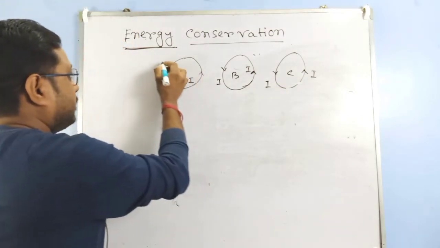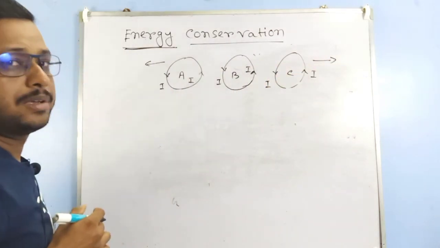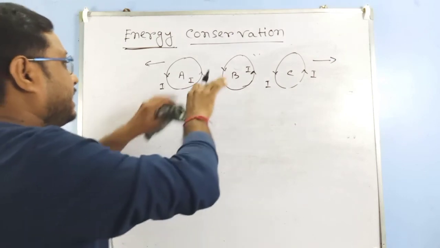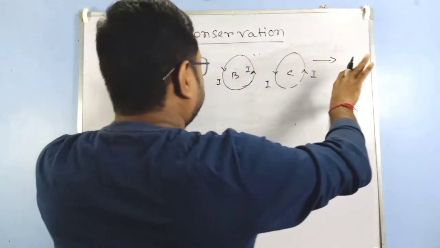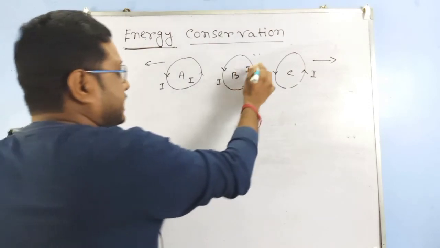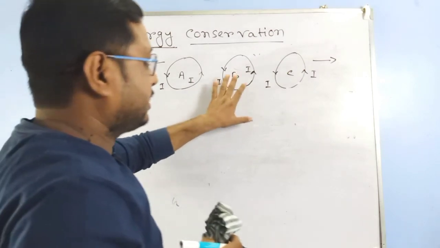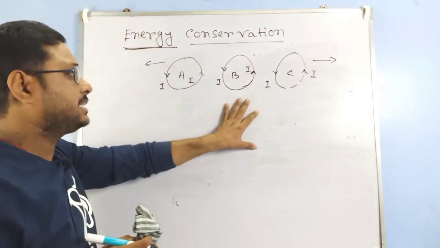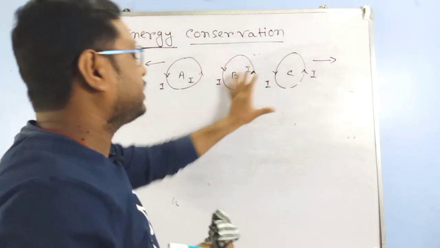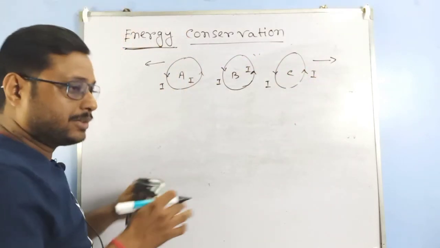But to decrease the increased flux, these two loops will move away from the loop B, because as we move away from B, the flux will decrease. It tends to decrease the increased flux. I hope you understand. Current flowing through B will induce current in A and C, which will increase the flux.